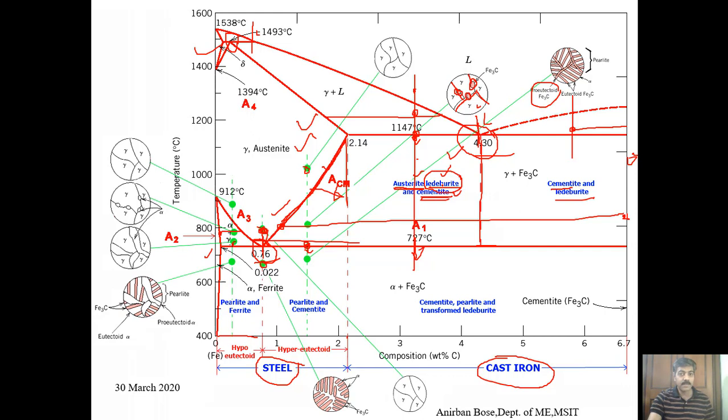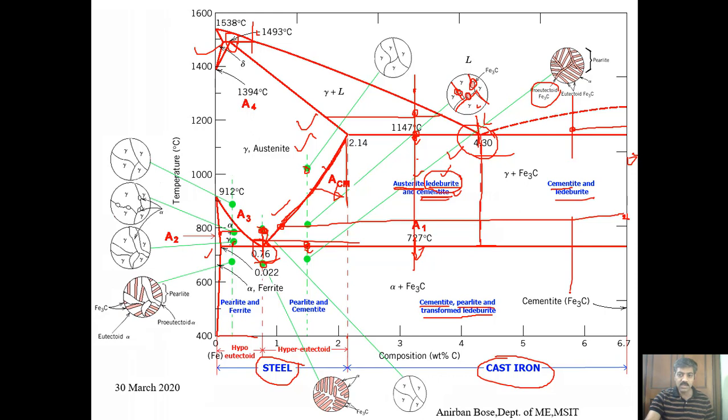Okay, that is why the ledeburite will be transformed, and finally what you will get is cementite, pearlite and transformed ledeburite. So this is what is going to happen if you go down.